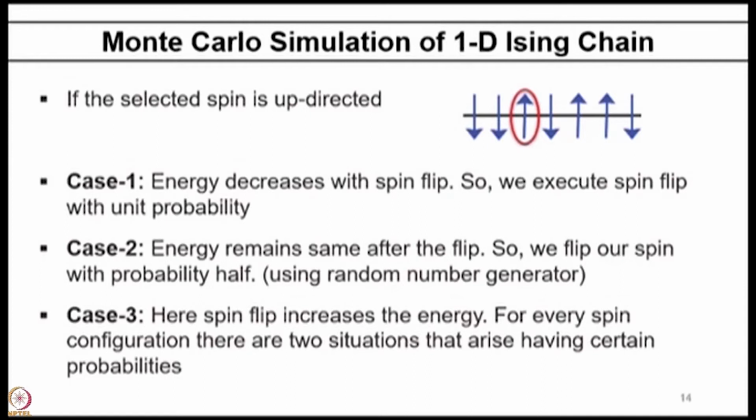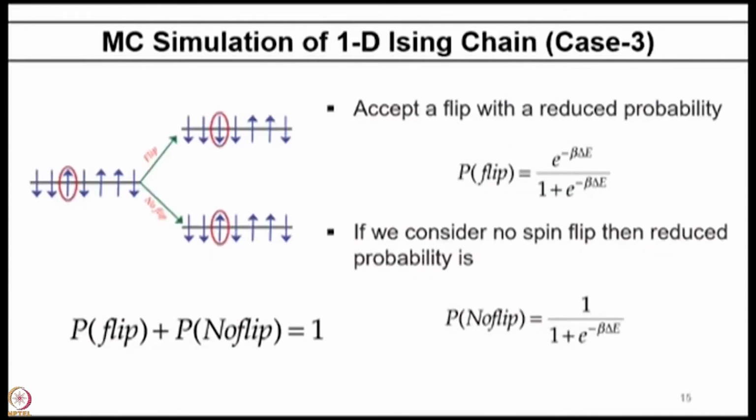Because it's Boltzmann who told us that the properties of the system are weighted by e to the power minus beta E. This is the essence of the Monte Carlo simulation. So here I have shown you that if it has two conditions, it can flip, and if it flips, then it is accepted with unit probability.